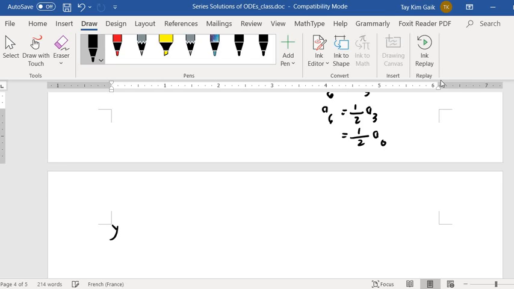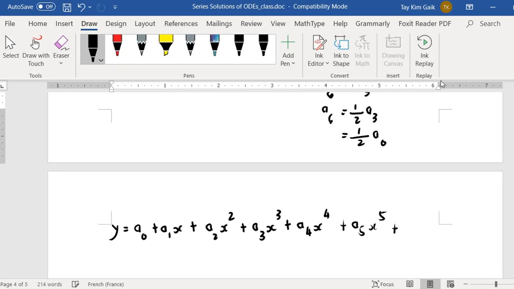Then the solution y, as we assumed, is y equal to a0 plus a1x plus a2 x squared plus a3 x power 3 plus a4 x power 4 plus a5 x power 5 plus a6 x power 6.